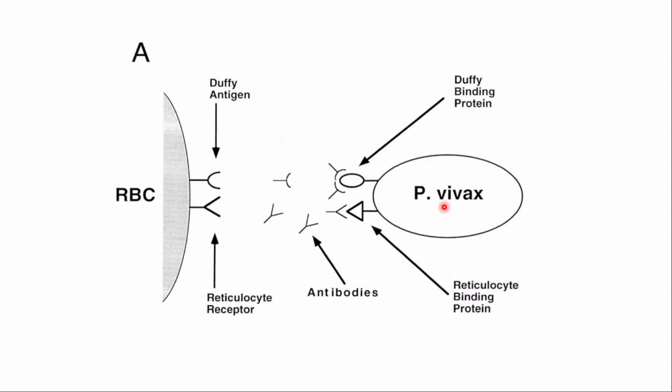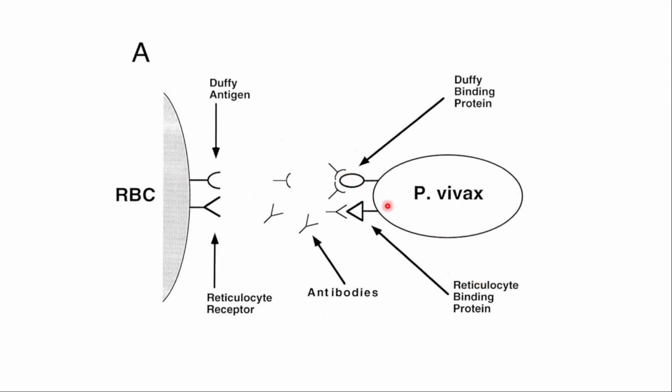Here is a representation of the Duffy antigen on the RBC and other such antigens, and on the cognate side we have Plasmodium vivax with surface proteins, the Duffy binding protein, which can recognize these Duffy antigen receptors.